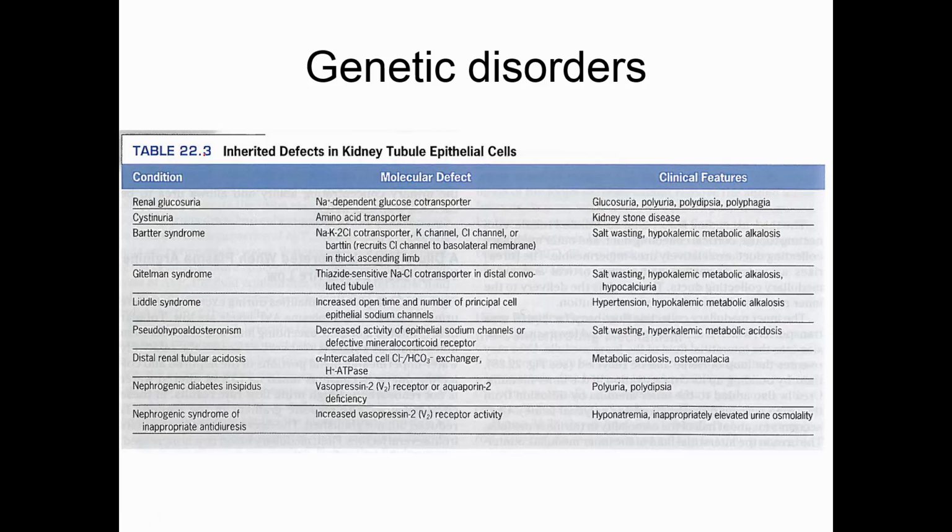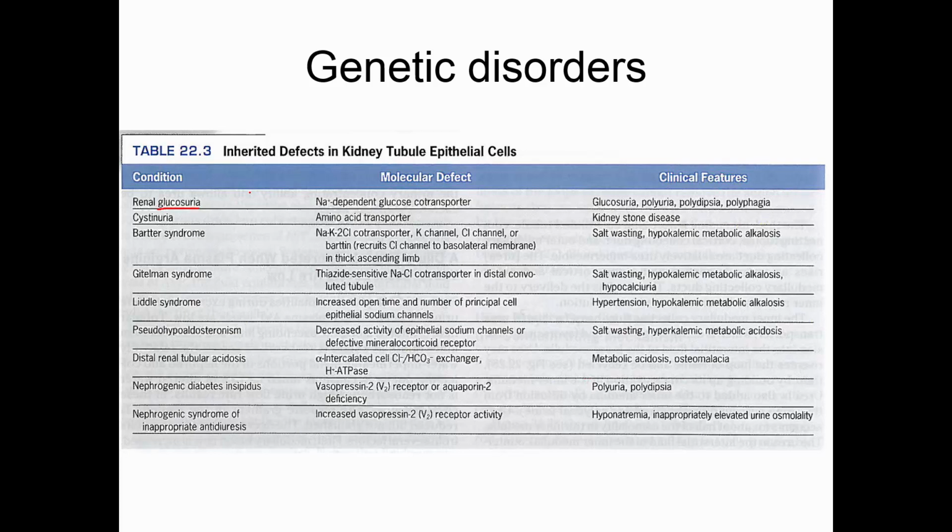Now, there are genetic conditions. These are fairly rare, but think about how mutations surrounding kidney function could cause problems. So, renal glucosuria. I made the comment the other day about don't look for zebras when you hear hoof prints, and you all gave me a funny look.